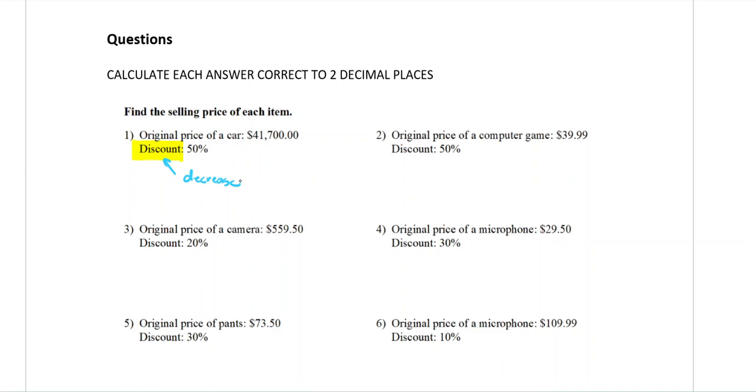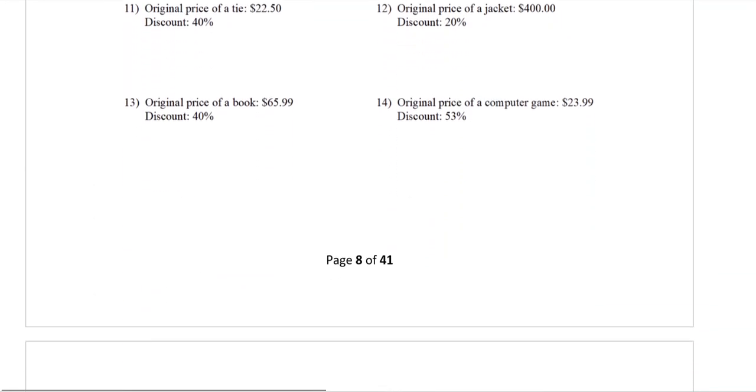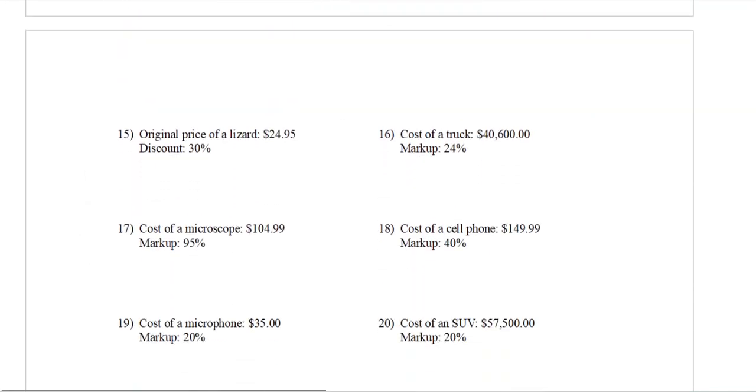Okay, so all the ones that say discount are the same as decreasing or subtracting off the price. Whereas later on down the track, maybe the next page, yes, over here, you see ones that say mark up. When you're marking something up, it means that you are increasing. They're the ones that you add on. So they're your increase questions.